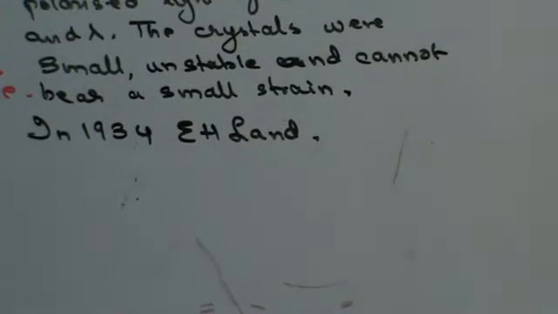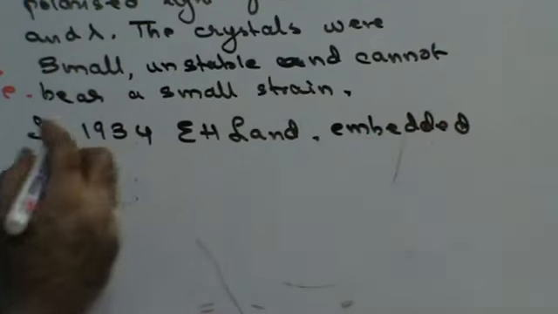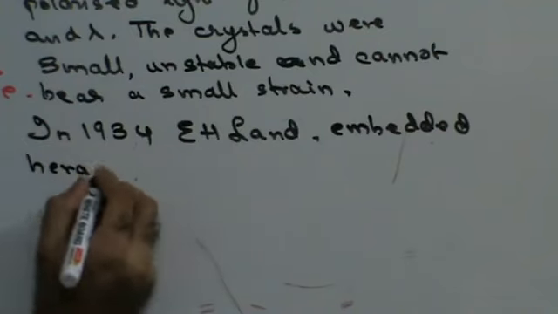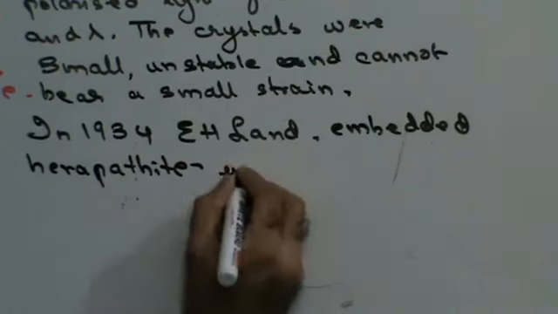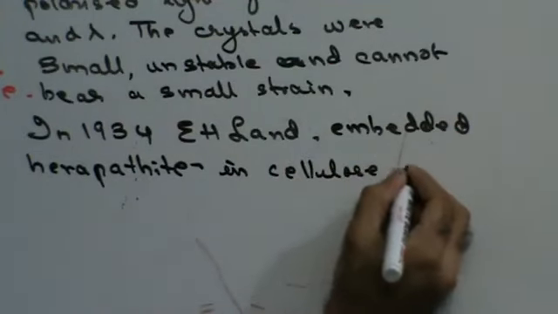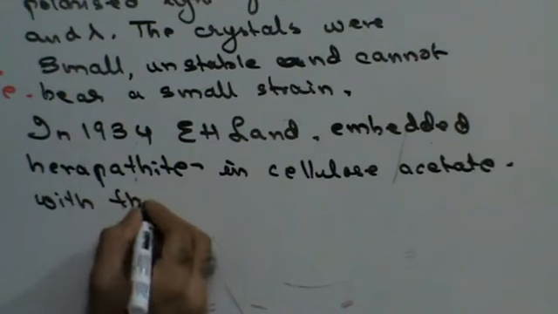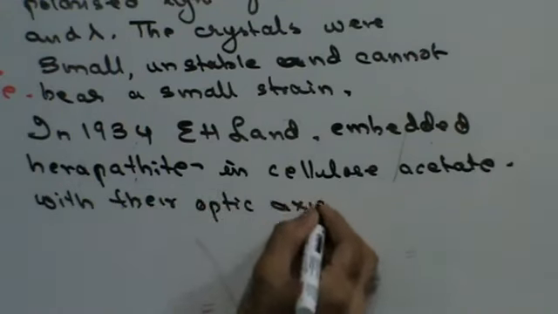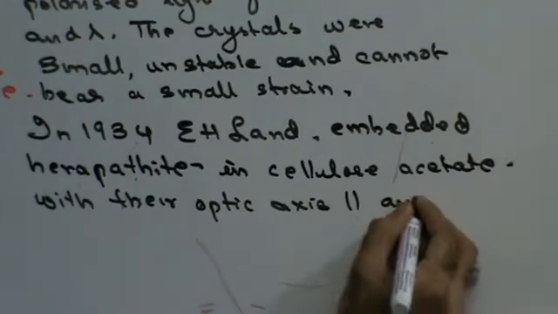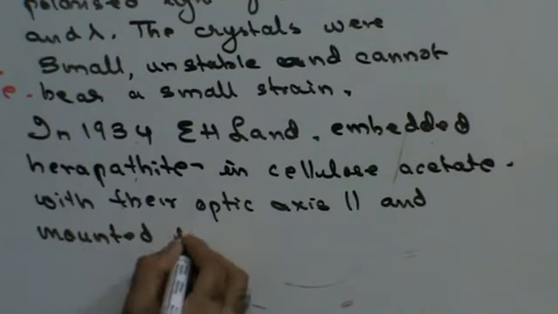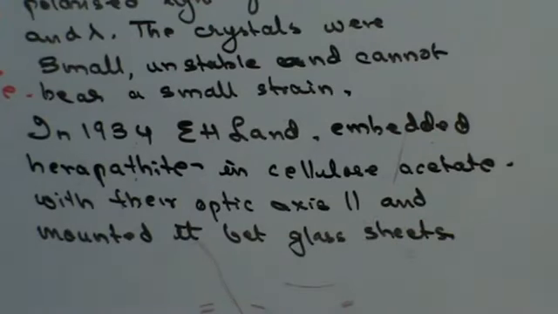In 1934, E. H. Land embedded herapathite in cellulose acetate with their optic axis parallel, and mounted it between glass sheets, so that the crystals don't get spoiled.